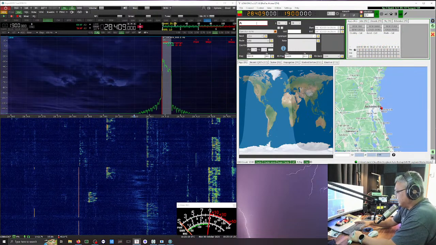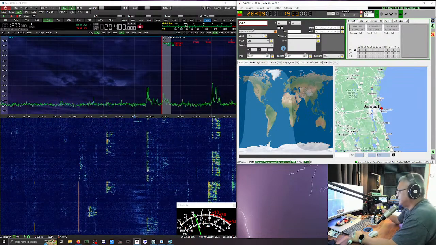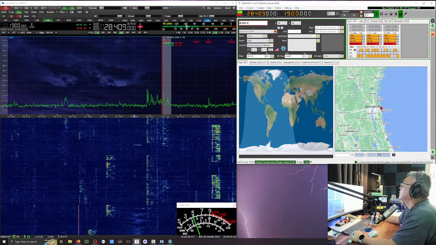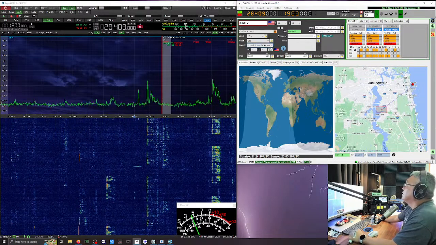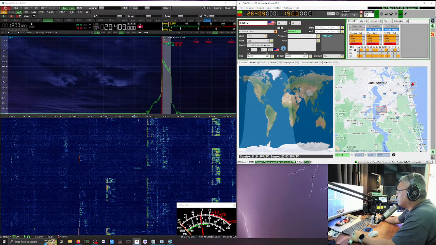This is N4VFR. Okay, Kilo 3 Alpha Tango Zulu. This is November 4, Victor, Foxtrot, Romeo.